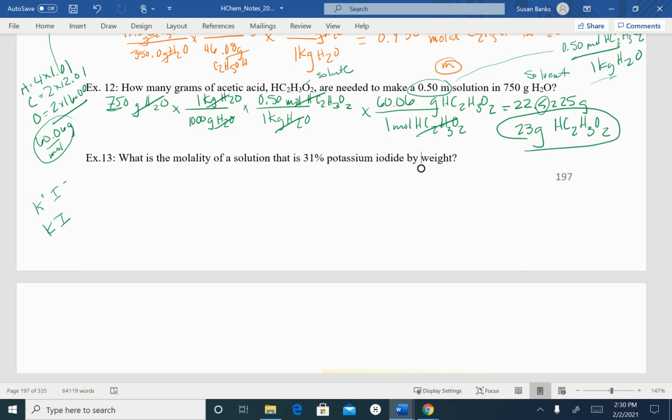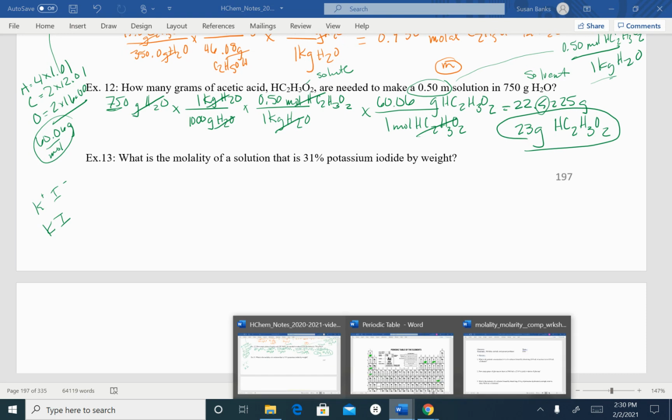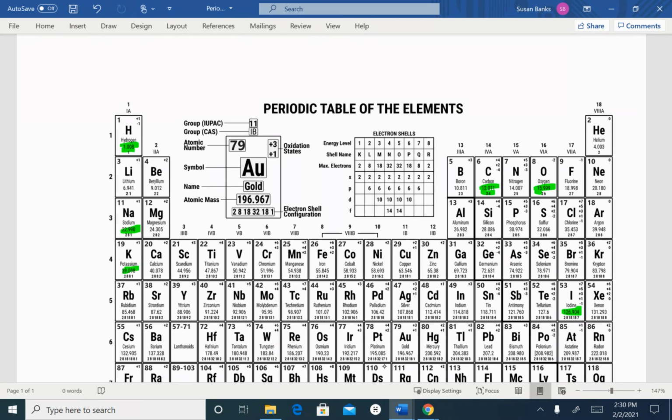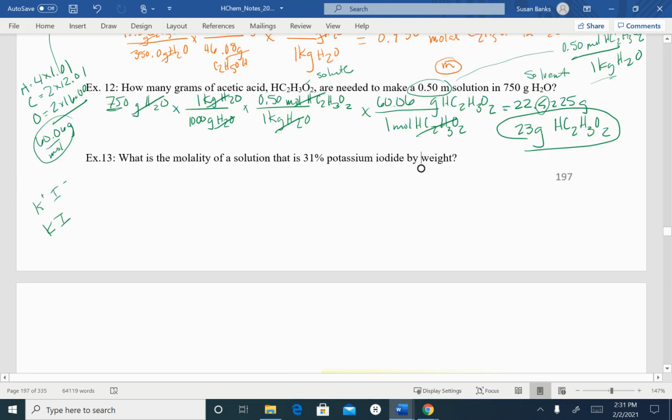Okay. Now the next thing we're going to have to do is we're definitely going to need the molar mass, right? So if we look on our periodic table again, potassium has a mass of 39.10, and iodide has a mass of 126.90. So we're going to use those masses.